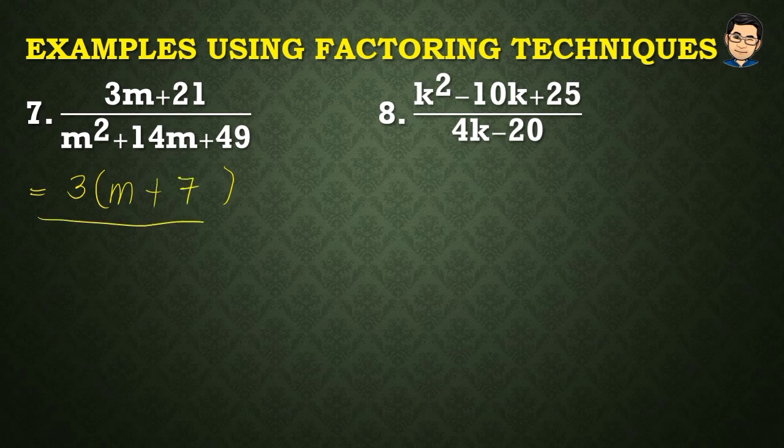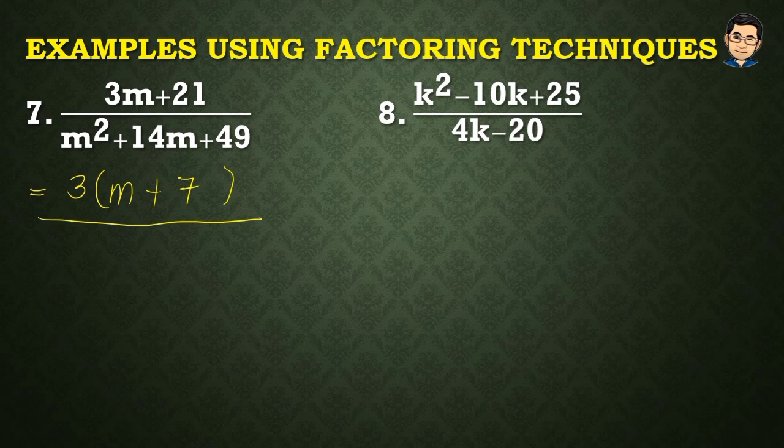Next. Using factoring difference of two squares, so ang gagawin natin dito, extract natin yung square root ng first term, copy natin yung sign ng middle term, and then extract natin yung square root ng last term. And then i-check natin kung yung product ba nung first and last term, tapos minultiply sa 2, lilitaw yung gitna.